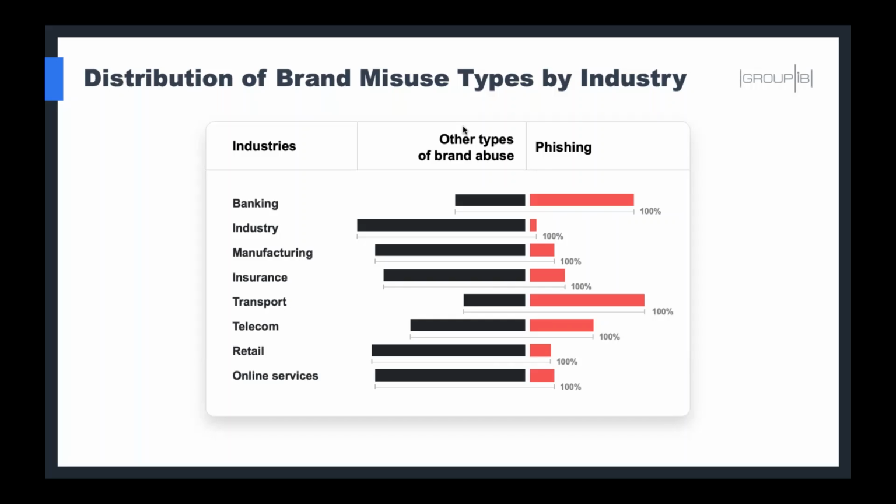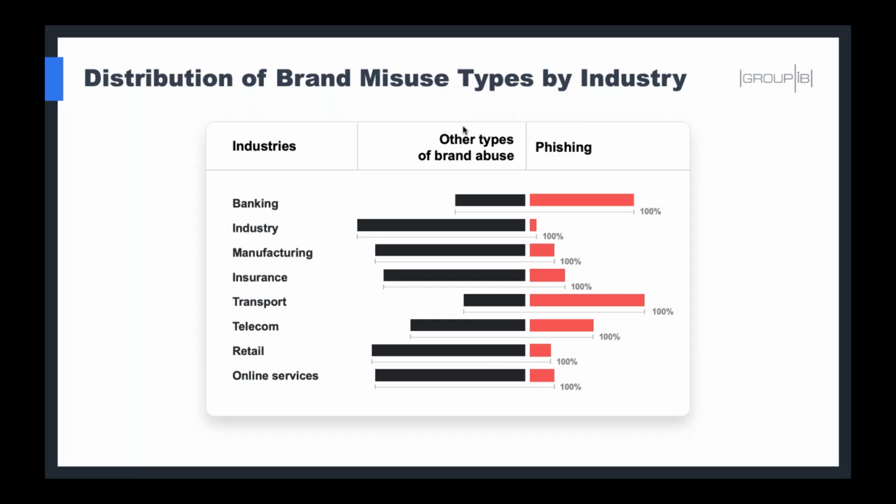And what are the other types of brand usage, of brand abuse? It could be everything else where your brand is mentioned, but probably the personal data of a user is not collected. And that's a huge deal, and I'll explain why. On this slide, you can see that, for example, for the banking industry, phishing is probably a more popular infringement than other types of brand usage.